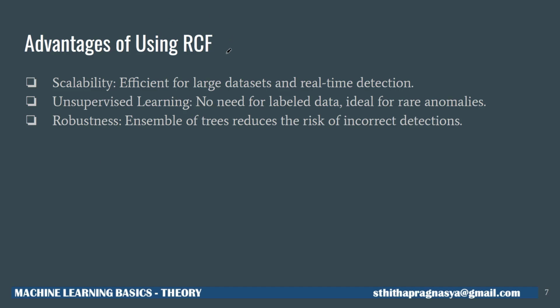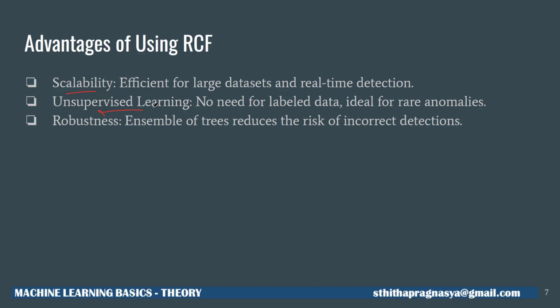Now, coming to the advantages of using RCF. Of course, scalability. RCF can handle large data sets efficiently, making it suitable for real-time anomaly detection in applications like financial transactions or server monitoring. And it's an unsupervised learning algorithm, which means RCF does not require labeled data.